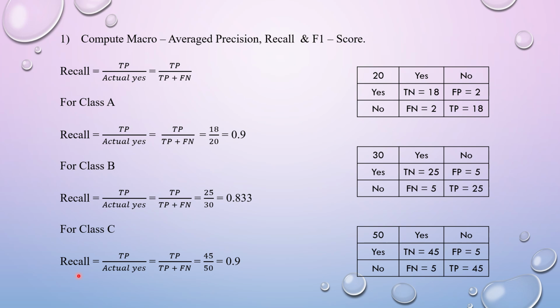Next, we will calculate macro average recall. So we take the average of the recall values of class A, class B and class C. Means we add the recall values for class A, class B and class C and then divide by the number of classes, that is 3.